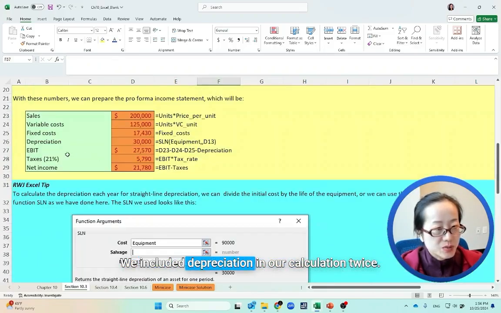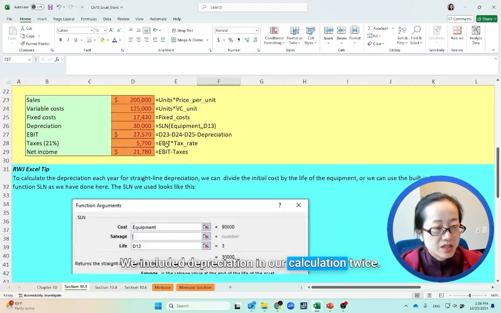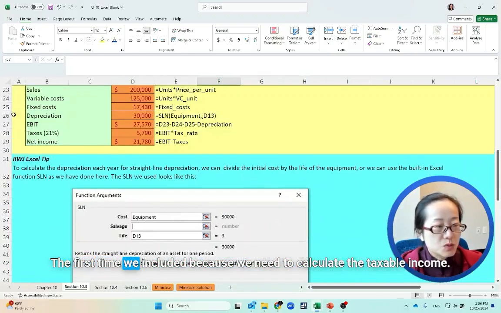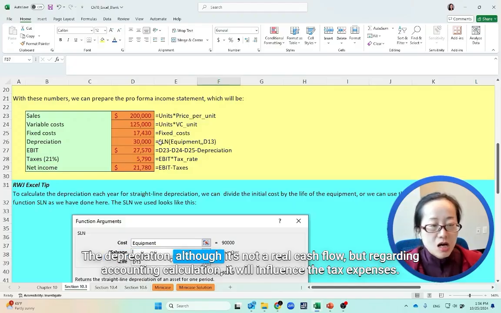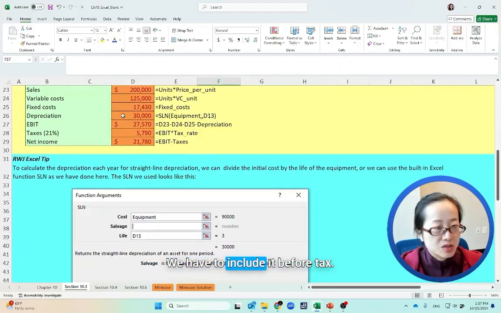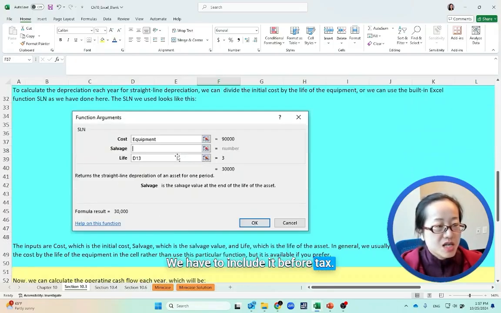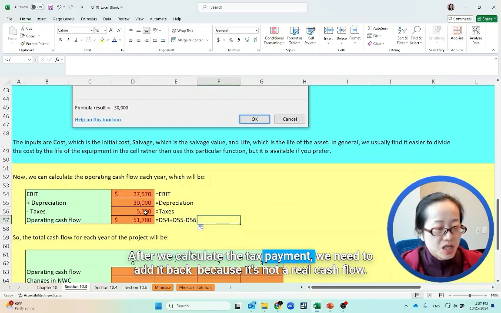We included depreciation in our calculation twice. The first time we included it because we need to calculate the taxable income. The depreciation, although it's not a real cash flow, regarding accounting calculation, it will influence the tax expenses. We have to include it before tax. After we calculate the tax payment, we need to add it back because it's not a real cash flow.